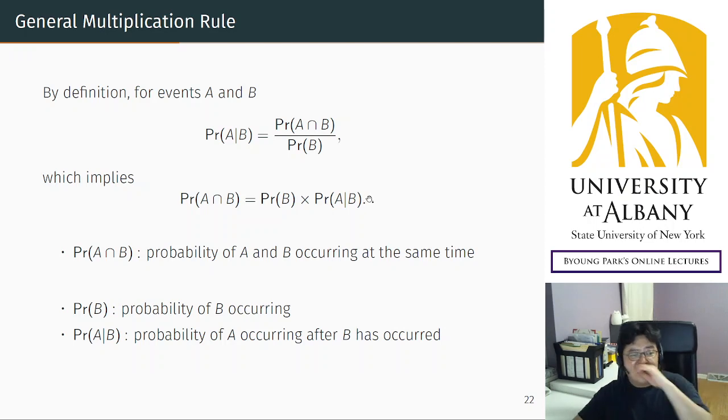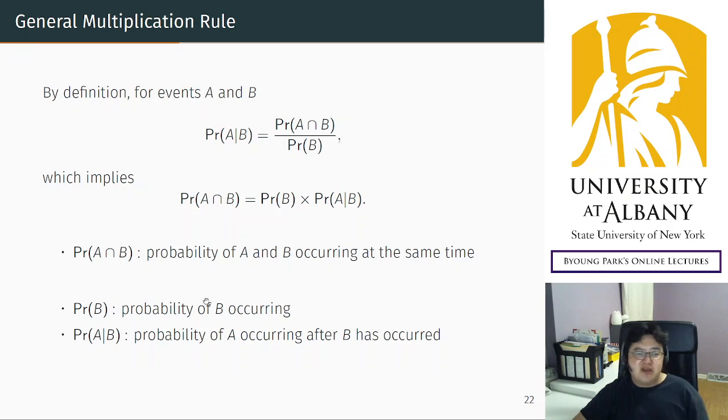You may understand this formula in this way. The probability of the intersection of A and B is like a simultaneous experiment. You try A and B at the same time. Say A is a coin and B is a dice, and you throw the coin and dice at the same time.